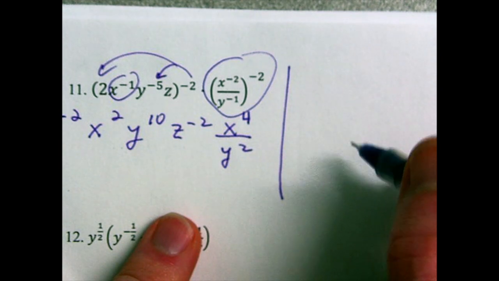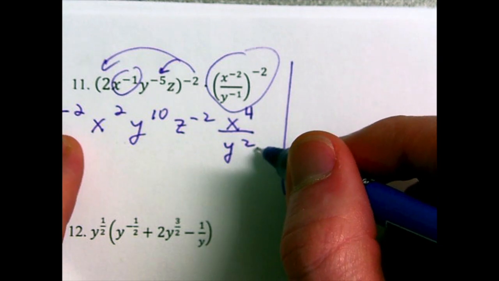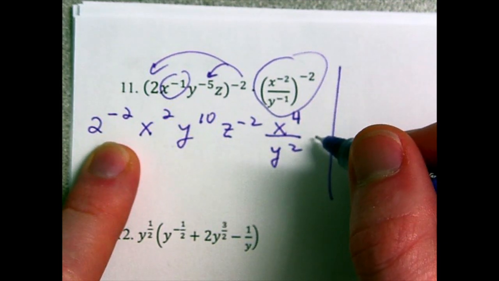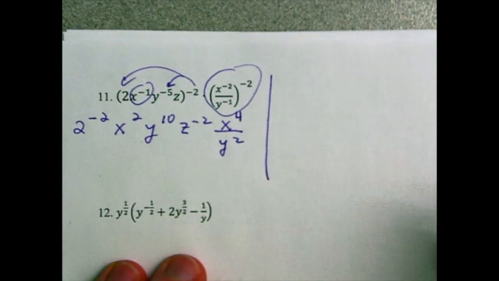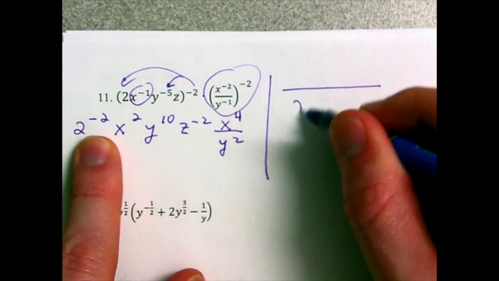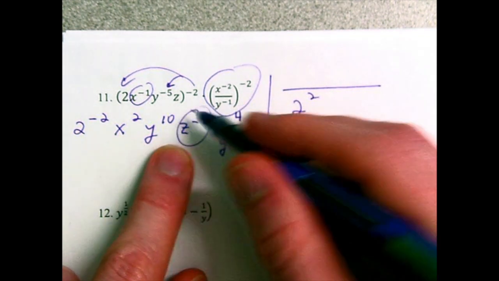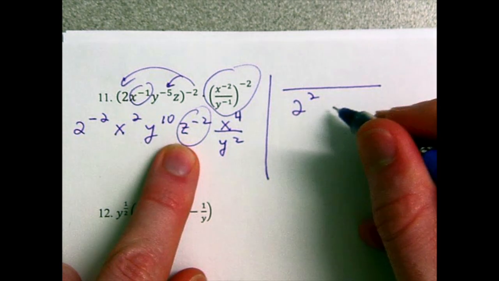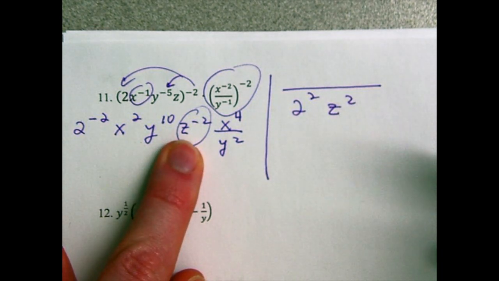First of all, I'm going to have some stuff in the denominator because of this 2 to the negative 2. So what do we have? Let's see. So 2 to the negative 2 is going to be 2 to the positive 2 on the bottom. The z is also going to be on the bottom because it has a negative exponent, so z to the positive 2. What else is happening?